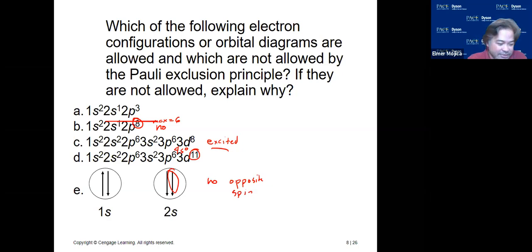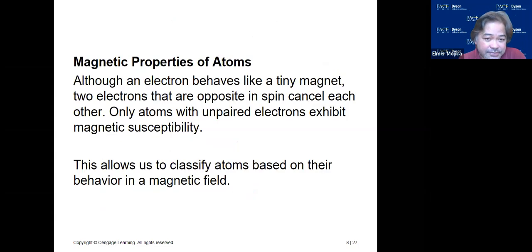Now, another thing that you can use, if you know how to write the electron configuration, is you can determine its so-called magnetic properties. So what are the magnetic properties? The ability to be magnetized.